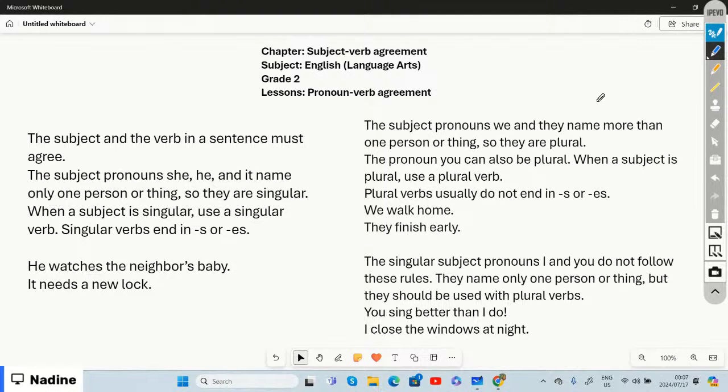All right. And we're going to find out more about pronoun verb agreement during the course of today.